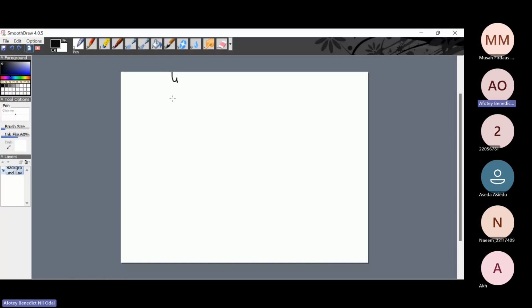So the question is evaluate the integral. Oh, my handwriting is so horrible.